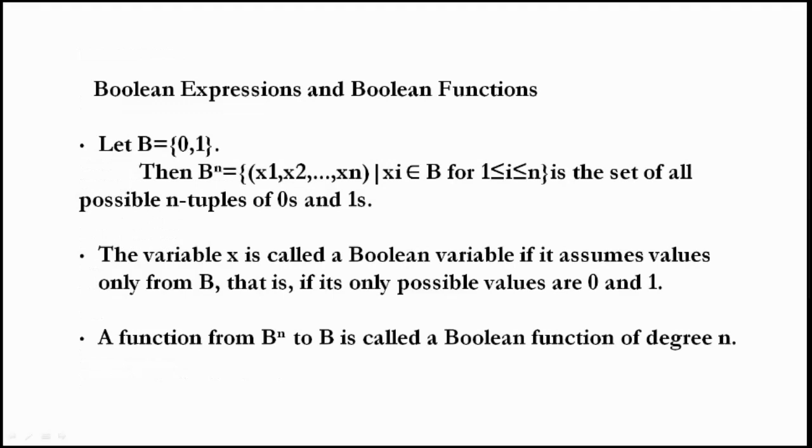Let B be equal to {0, 1}. Then B power n is equal to {(x1, x2, and so on xn) | xi belongs to B for i between 1 and n}, a set of all possible n-tuples of zeros and ones. That means if I say the combination of {0, 1}, B power 2 means you will get 0 1, 0 0, 0 1, 1 0, 1 1.